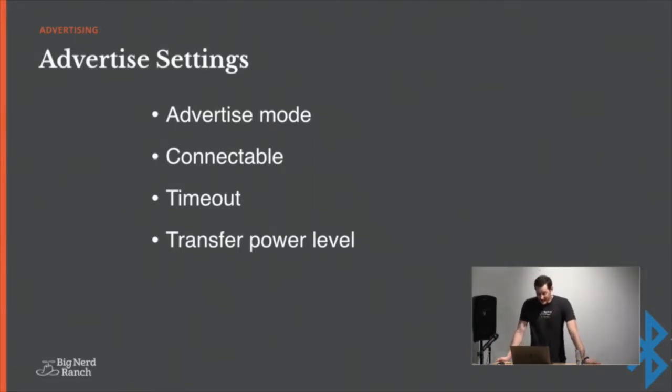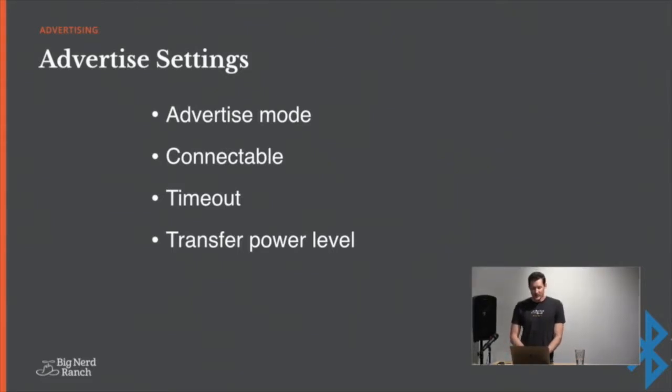Connectable. This is actually an integer. So you can set it to 0 and you can have it connectable forever. Now, obviously, if it's never going to close that connection, then maybe that's not the best for your scenario. You can have a timeout. Connectable is true or false, and the timeout is forever, which is what I was doing.